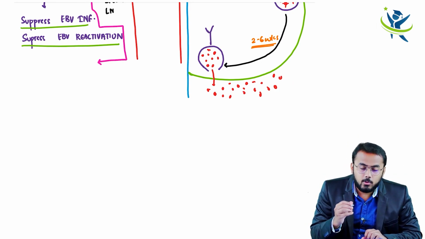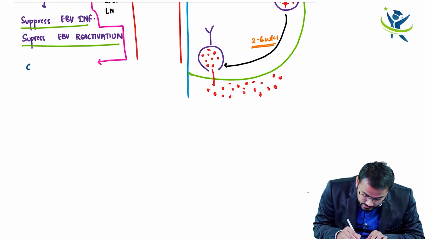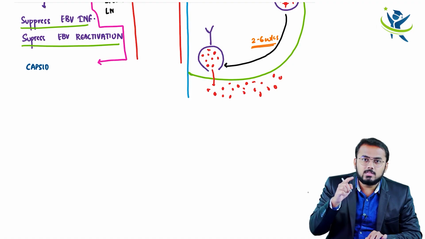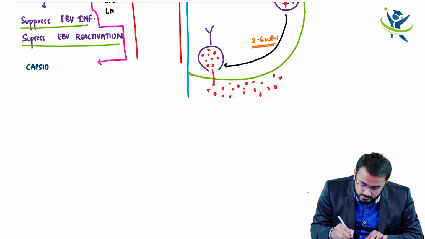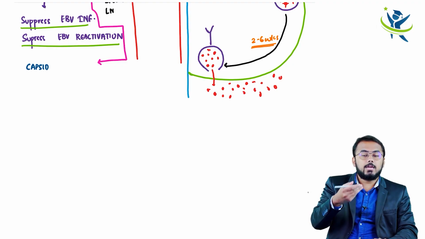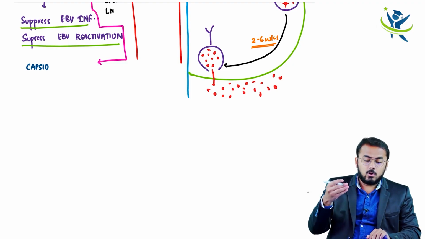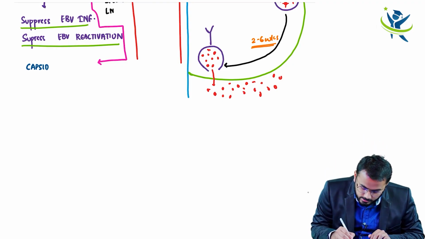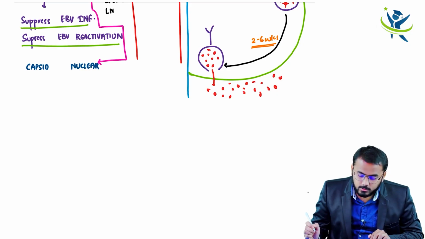Some antibodies are directed towards the capsid to attack the capsid. Some antibodies are against the nucleus. So they are called viral capsid antibodies, and the remaining are called nuclear antibodies.